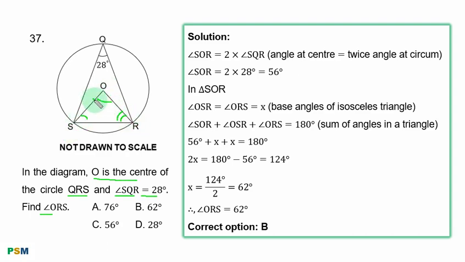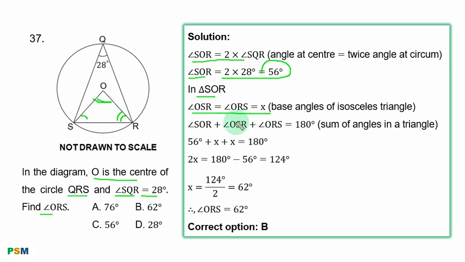This angle at center, SOR, is equal to 2 times angle SQR. Angle at center is twice angle at circumference. Angle SOR becomes 2 times 28 degrees, equal to 56 degrees. In triangle SOR, the base angles are equal.